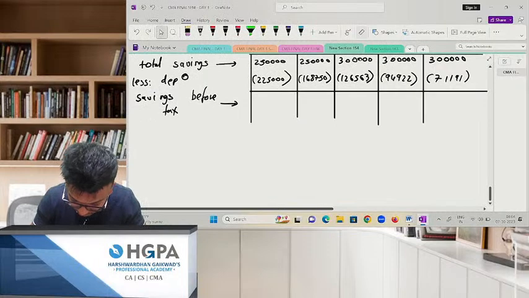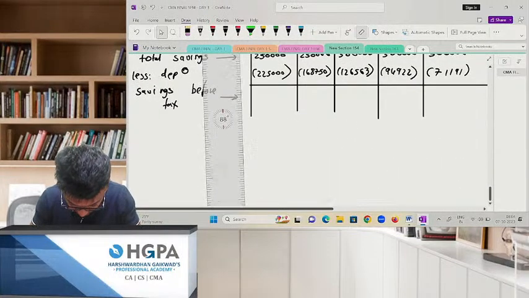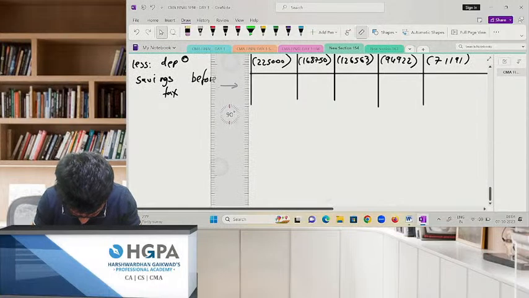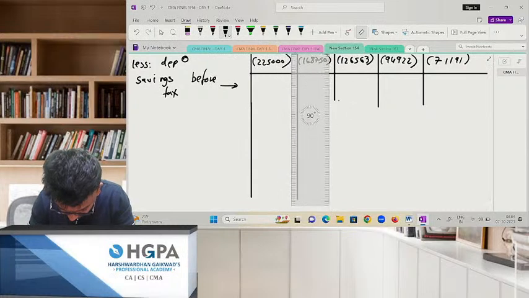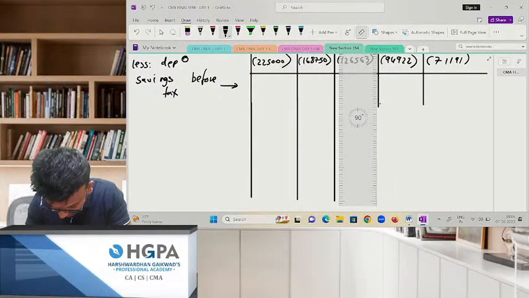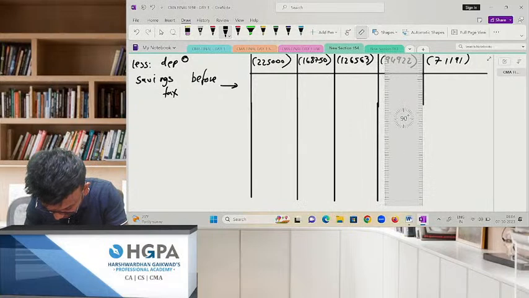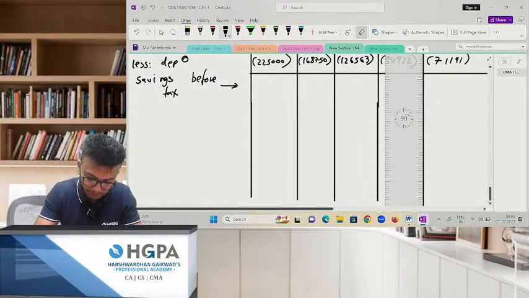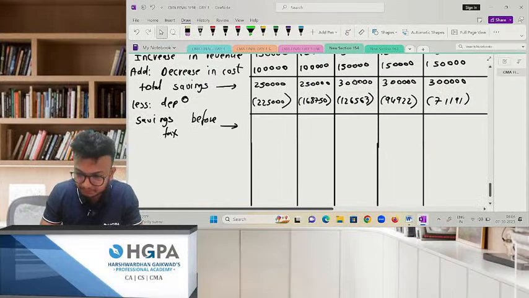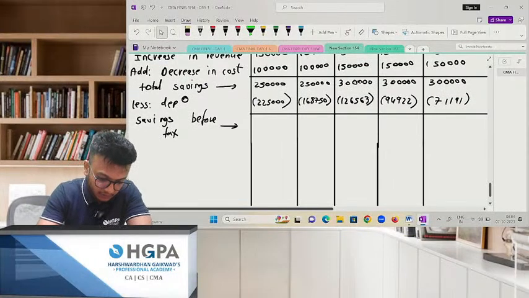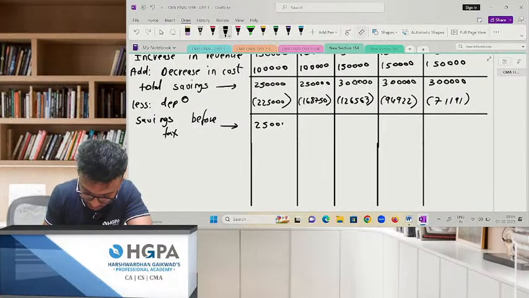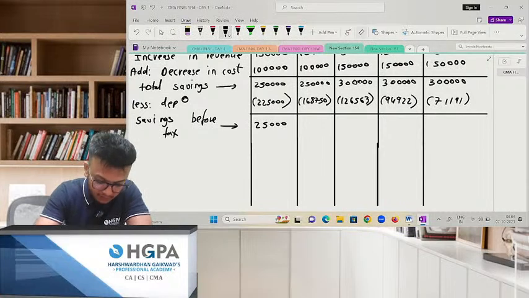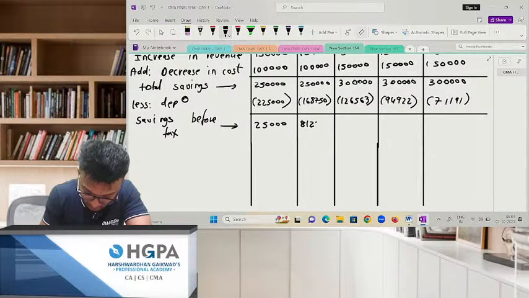Next. Solve it fast. Chalo. Next. 2,50,000 minus 2,25,000. This will be 25,000. Next you have 2,50,000 minus 1,68,750. This will be 81,250.